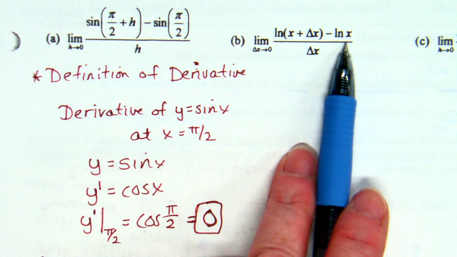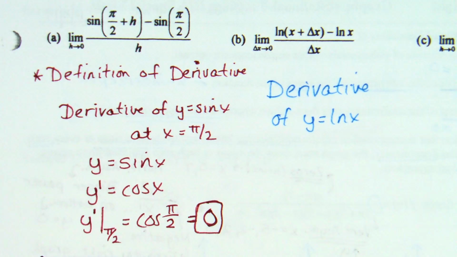No. In this one, we're just doing the derivative of ln x. So we're doing the derivative of y equals ln x, or I should say maybe f of x. Doesn't matter. So if f of x equals ln x, what's f prime of x? 1 over x.